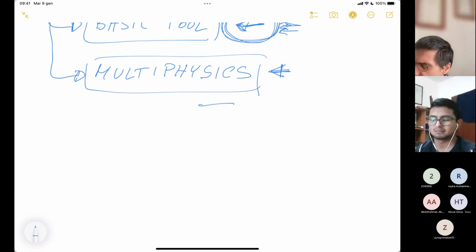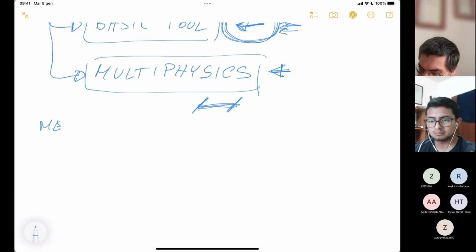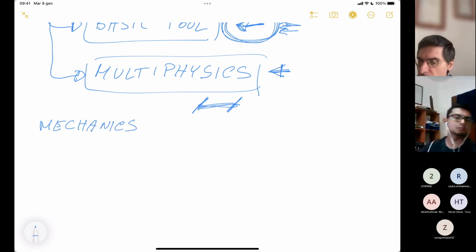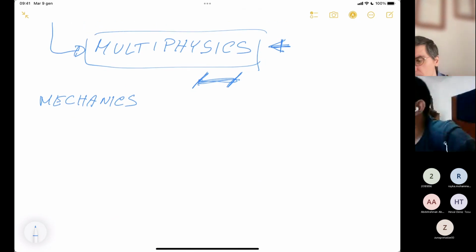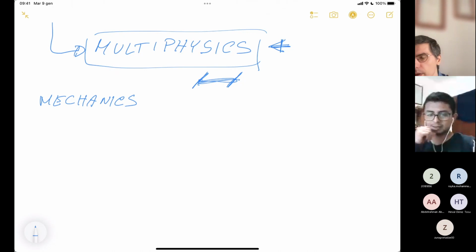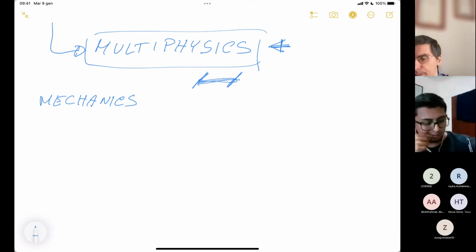The other thing that I want to underline today, and I will finish with this, is that when we talk about mechanics, we have 2 possibilities to go ahead with our modeling procedure.